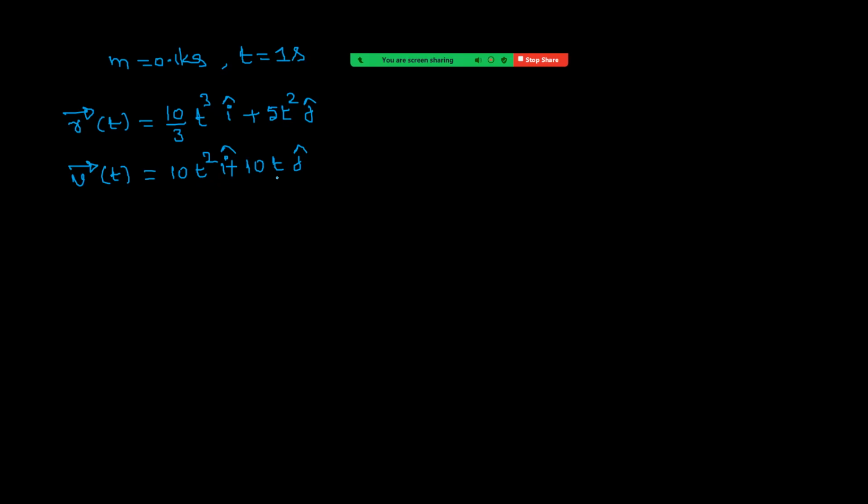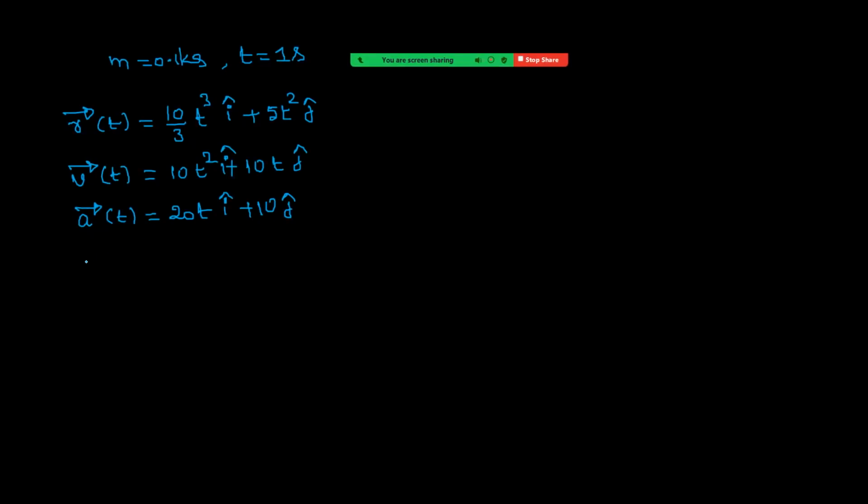Okay, directly. Next, he's asking force. It is actually net force, okay? When you differentiate the velocity vector, we are going to get the acceleration vector as a function of time. See how much? 20t I cap plus 10 j cap. And if you take t value 1, 20 I cap plus 10 j cap, right?